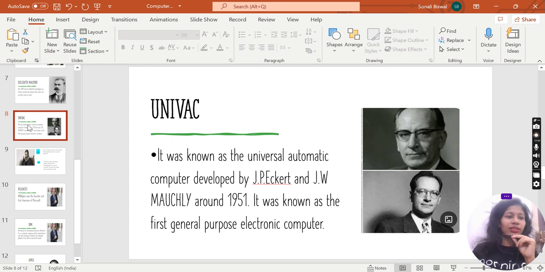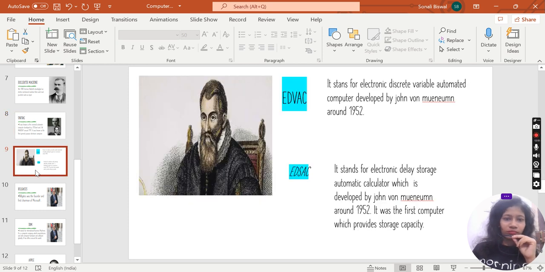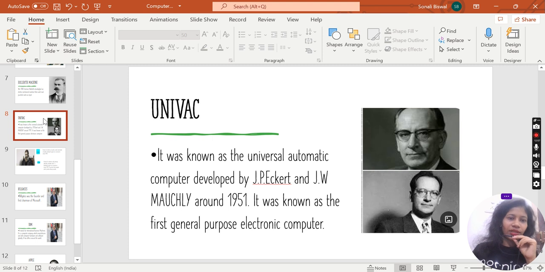Next is UNIVAC. UNIVAC is known as the Universal Automatic Computer, developed by J.P. Eckert and J.W. Mauchly around 1951.